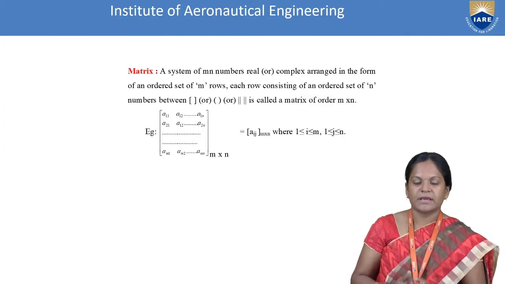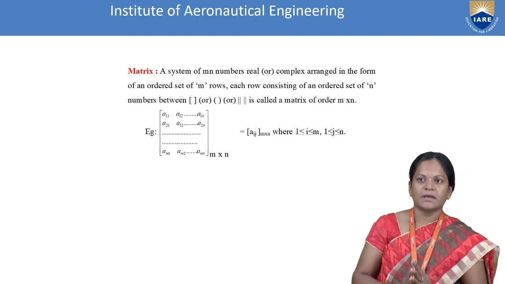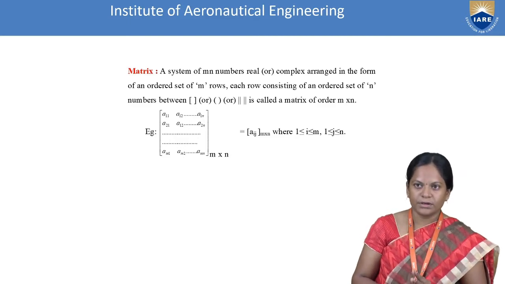What is a matrix? A system of mn numbers, either real or complex, arranged in the form of an ordered set of m rows and n columns in between square brackets or open brackets is called a matrix of order m by n.